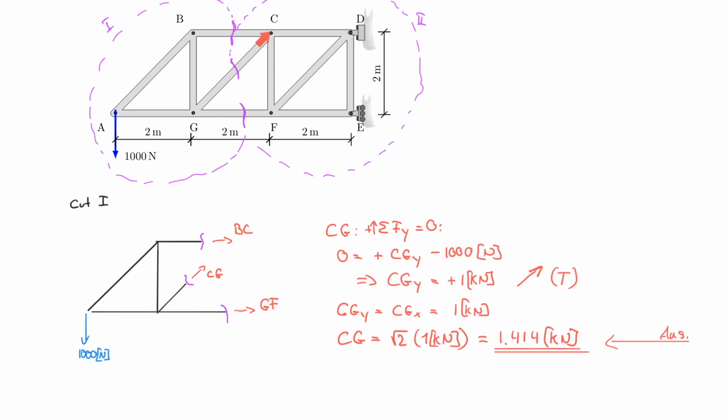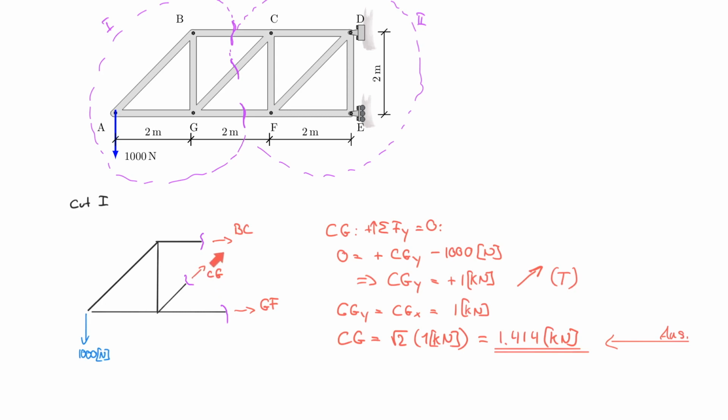So let's look at that. Point C is right up here, which would be outside of the cut. But BC and CG have a shared letter, the C, and therefore it disappears, right? So I'm going to repeat that again. I said it when I introduced the method of sections. If there's a shared letter, usually they meet in that point. So BC and CG meet, but also CG and GF meet.